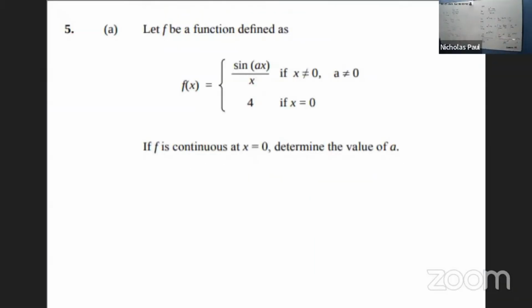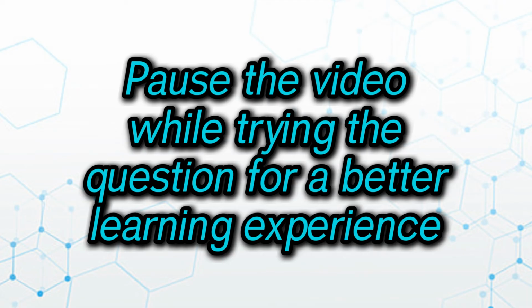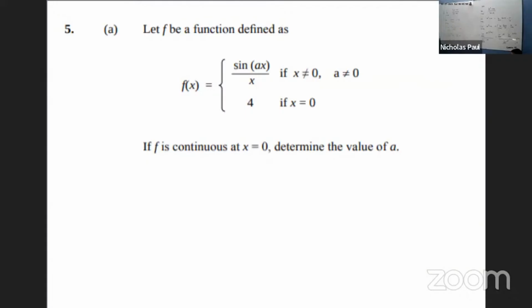Let's combine what we did today with what we did last week. Let's try this here. It's a mixture of what we did last week to show something is continuous. The question said, if it is continuous, find the value of a. Remember, if something is continuous, what are the two rules again?